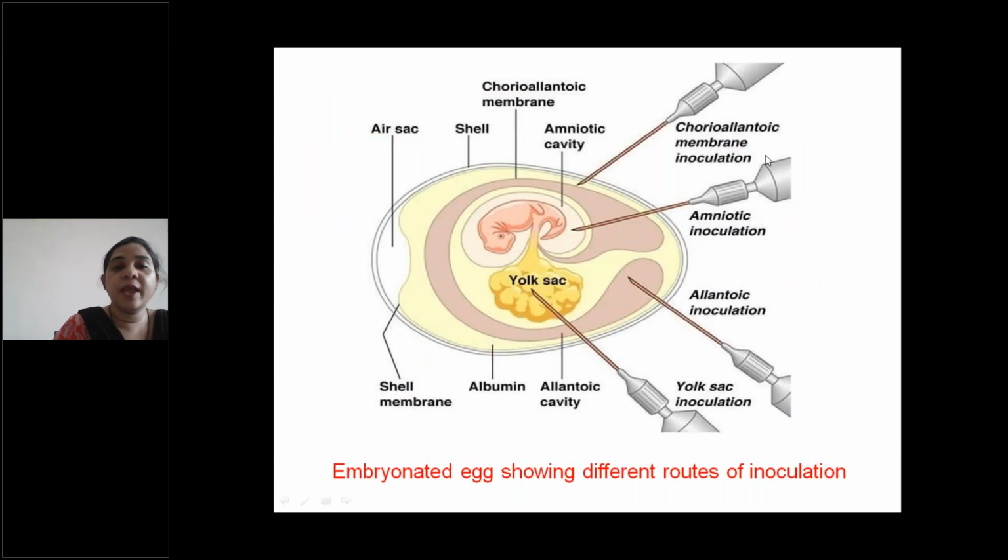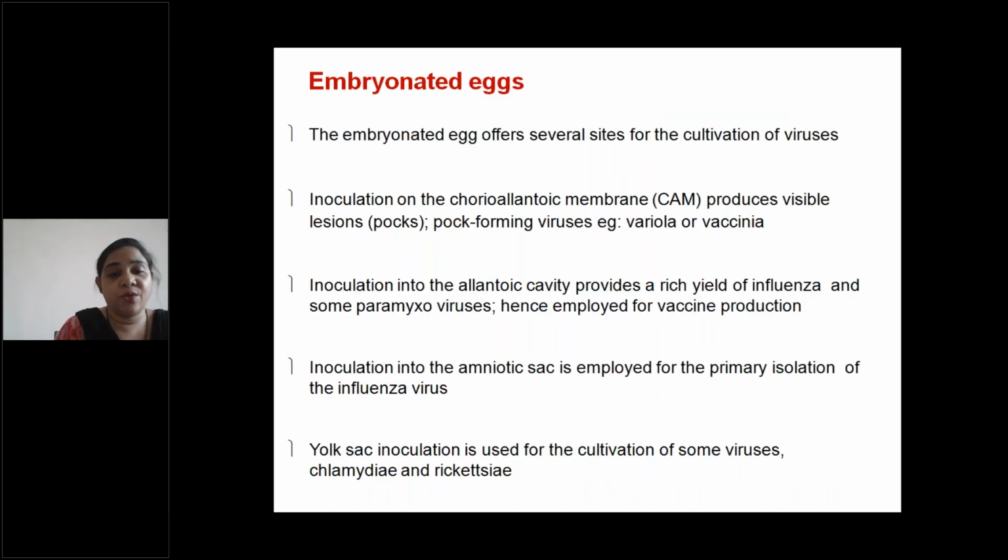So this is an embryonated egg. Different sites are there where we can inoculate the viruses, such as chorioallantoic membrane, amniotic cavity, yolk sac, allantoic cavity. Any of these sites you can inoculate.